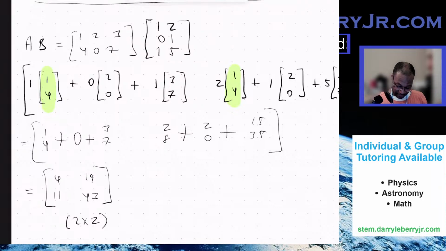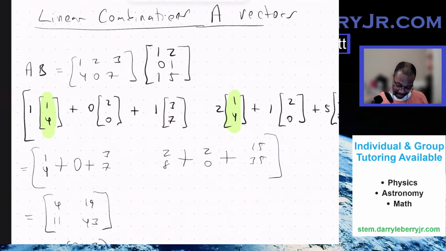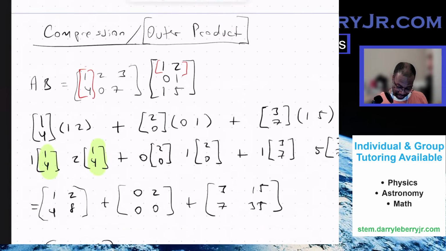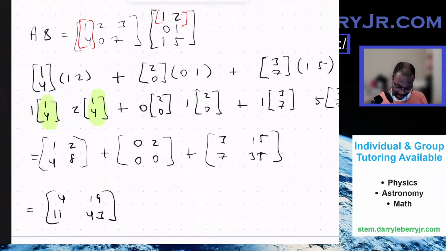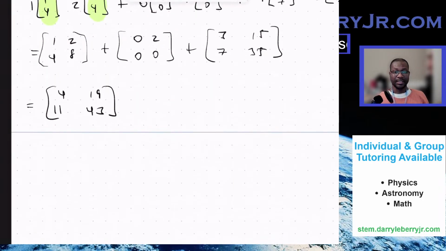So it is a bit different. On the vector way, you get a column at a time. And on the compression way, you get the rows at a time, and you add the rows together. So that's 4 ways.